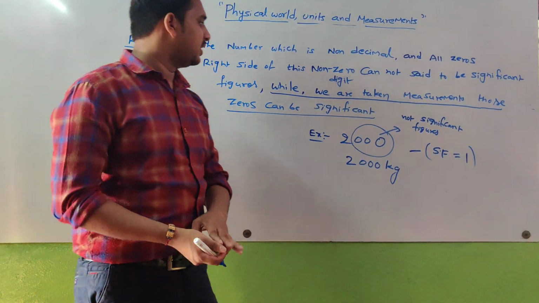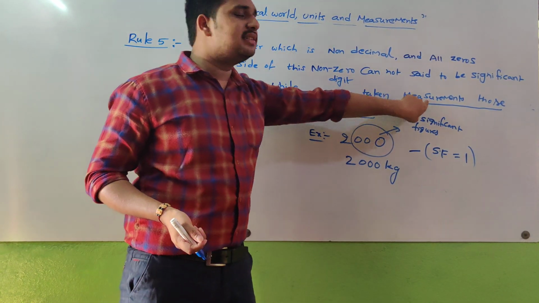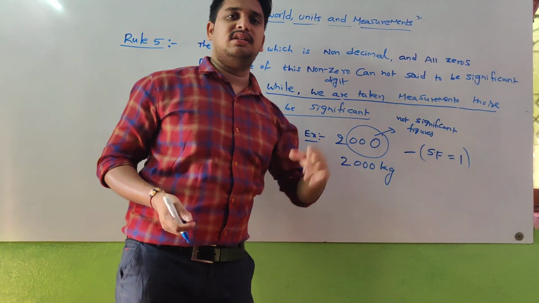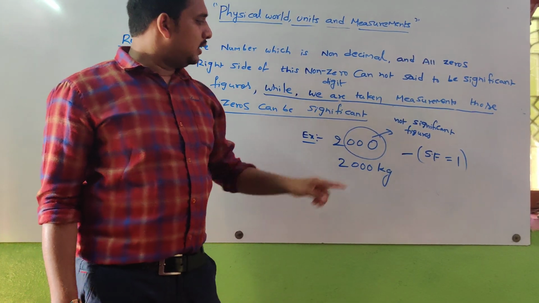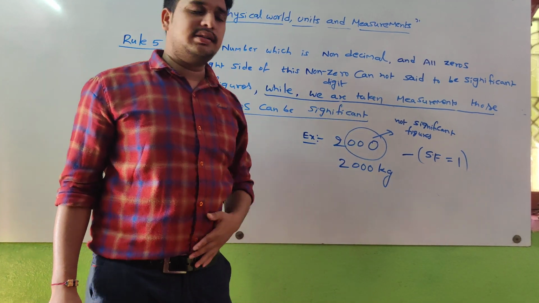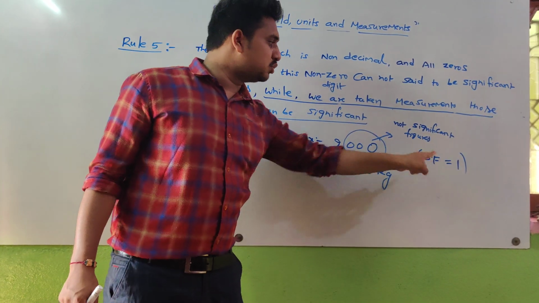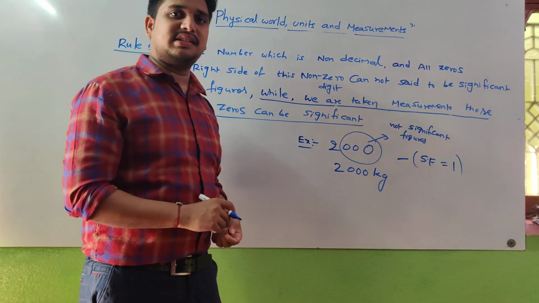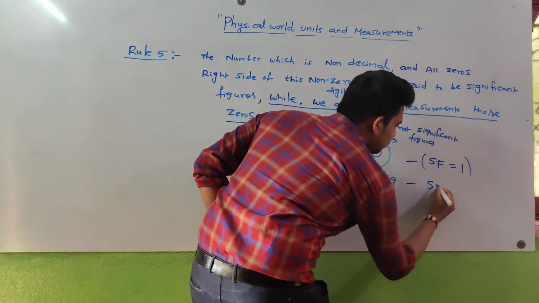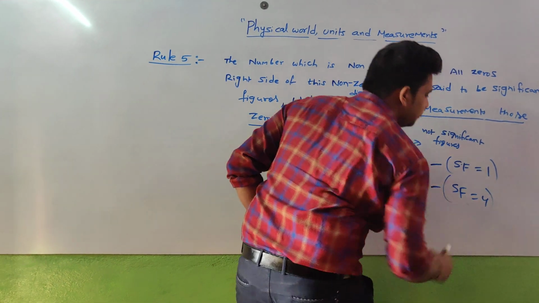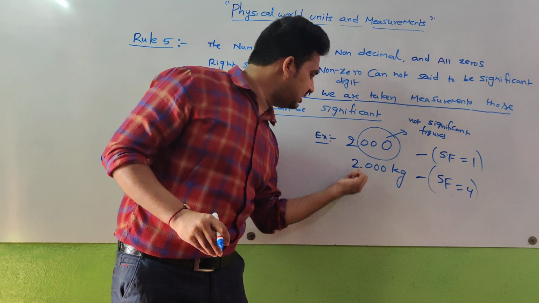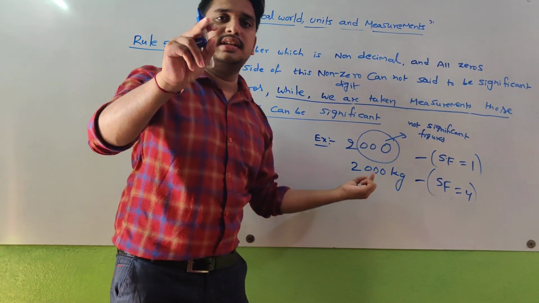2000 kg. While we are taking measurements, those zeros can be significant. This is an important statement. The number 2000, significant figures in this number is 1. 2000 kg, significant figures is 4. Don't get confused. If a measurement is there, then these zeros are treated as significant.